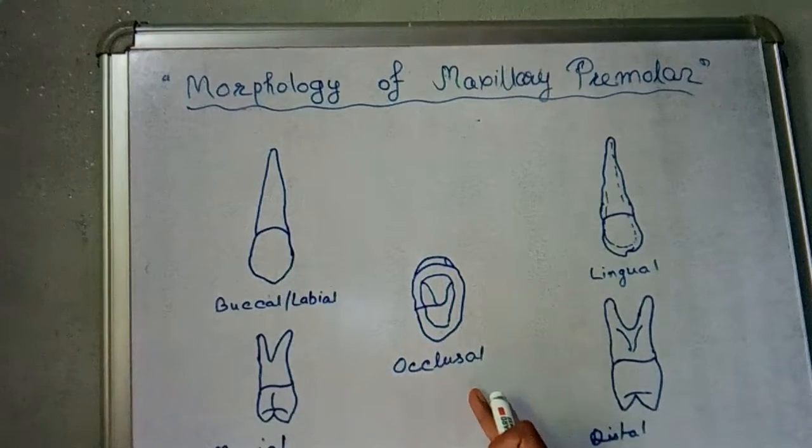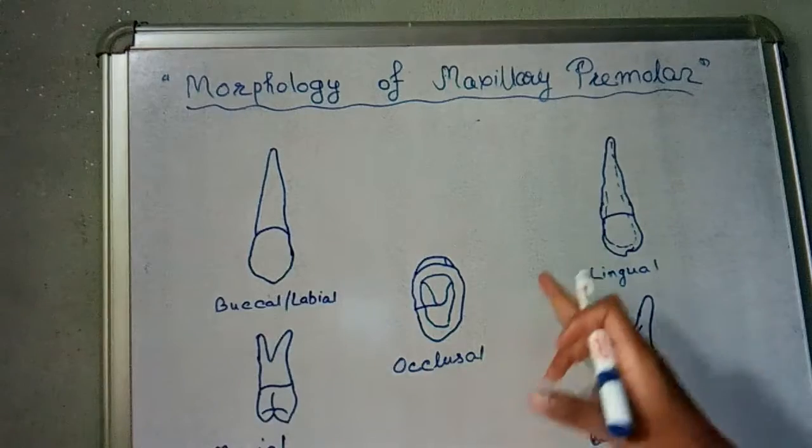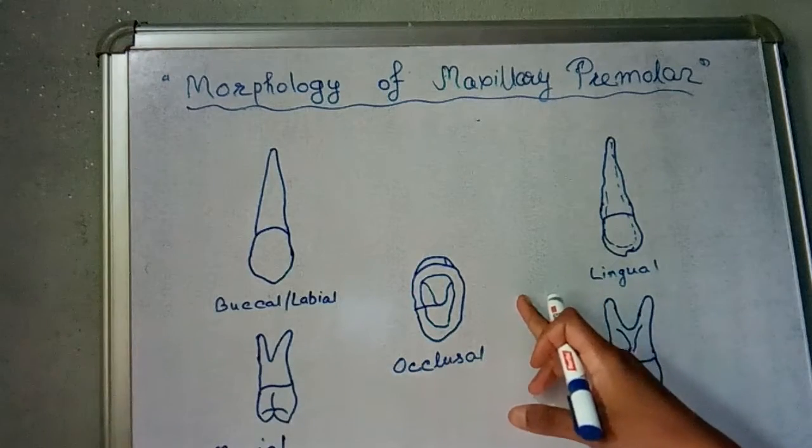The occlusal aspect of the maxillary first premolar roughly resembles a six-sided or hexagonal figure.